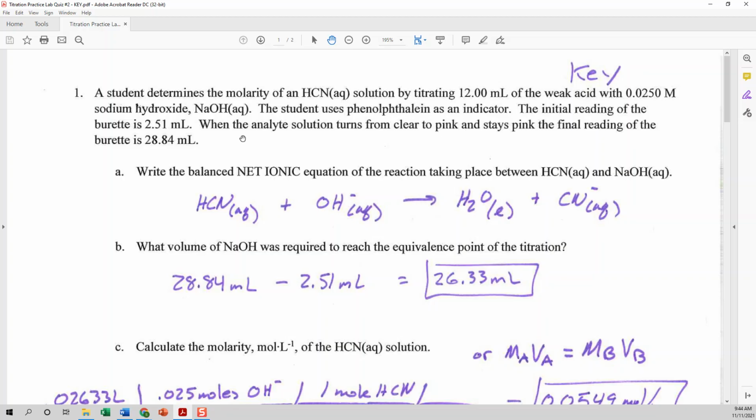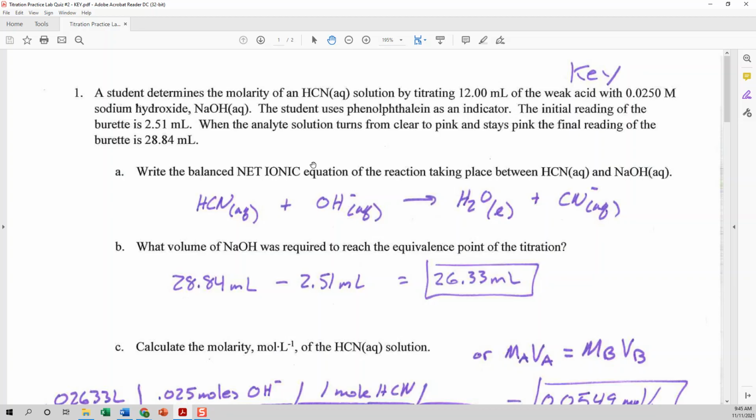So if we subtract 2.51 from 28.84, that'll tell us the volume of NaOH required to react with 12 milliliters of the HCN. All right, so hopefully that kind of paints the picture of what we're doing. And then let's answer some questions about it.